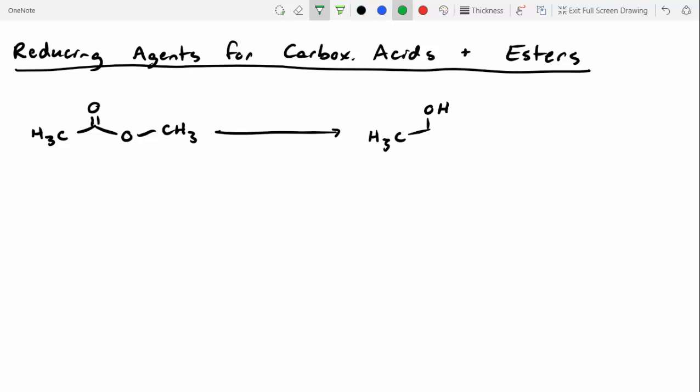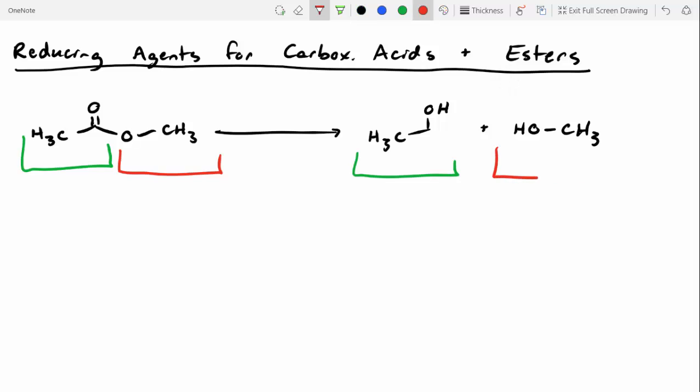So this whole portion on the left-hand side will become one alcohol. And then this whole portion on the other side, let me actually do that in a different color, will become a new alcohol. So we can essentially cleave esters into their individual components when we do this reaction.